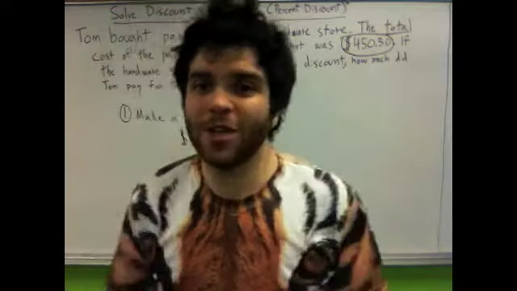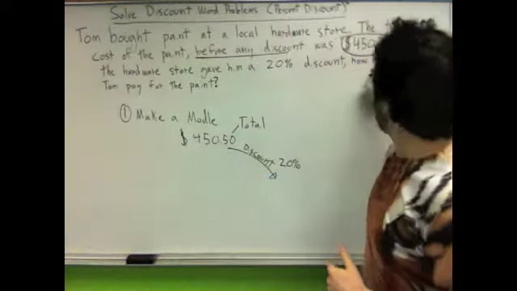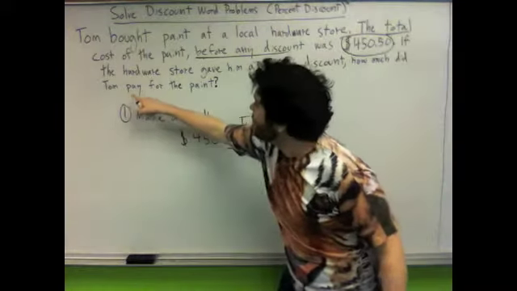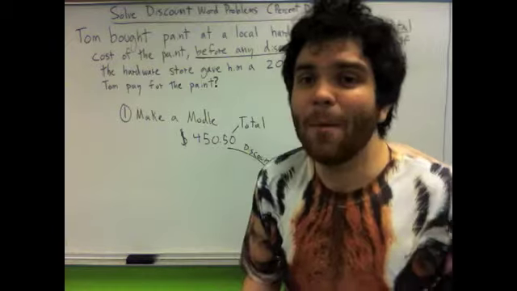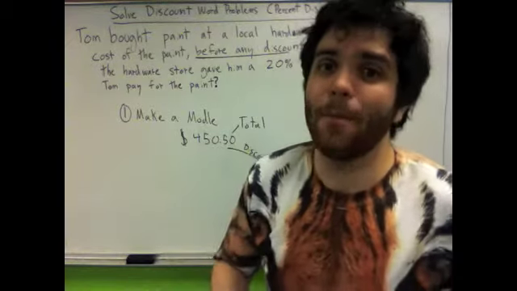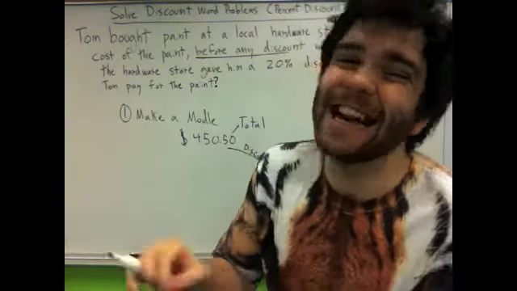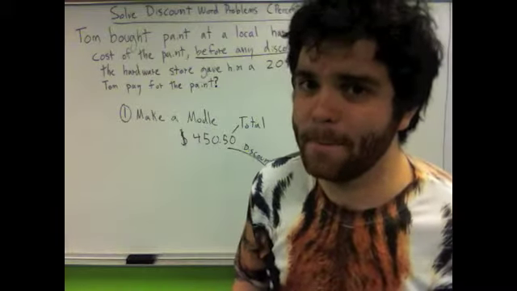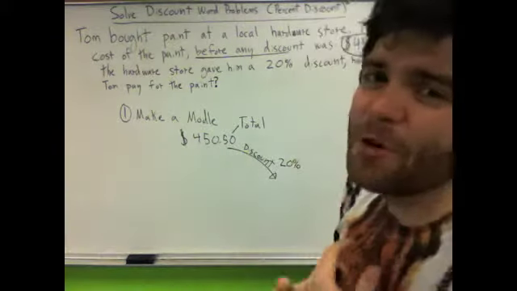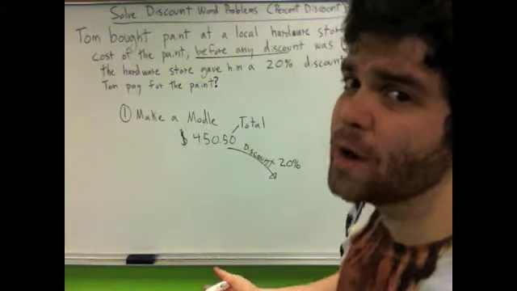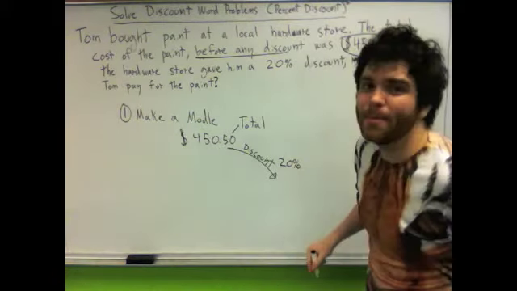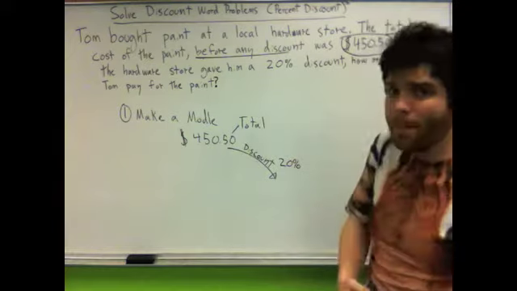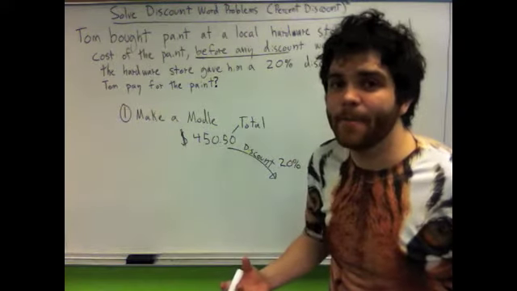Now, the question asks, how much did Tom pay for the paint? The discount is how much he didn't have to pay. That's how much of a deal he got, right? He didn't have to pay 20%. So if percents are out of 100, and I didn't have to pay 20%, what percent did I need to pay?